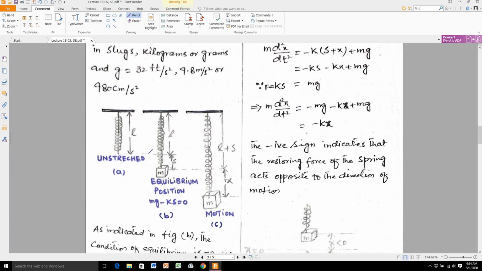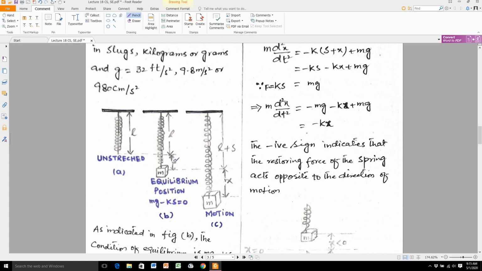This dotted line shows its unstretched position. Due to this mass M attached with the spring, this elongation is represented by S, and the length of the spring is L.